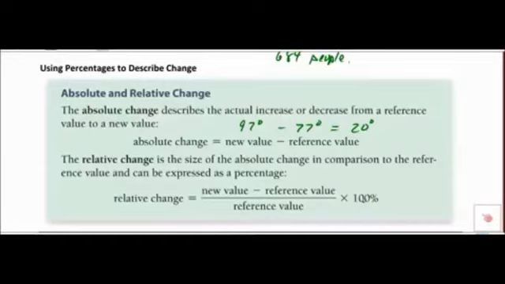So if I took my example with the temperature, the new value was 97 degrees in the afternoon. The reference value was 77 degrees for the morning. Then I would divide that value by 77 degrees and multiply that by 100% to give me a percentage. So figure that out.